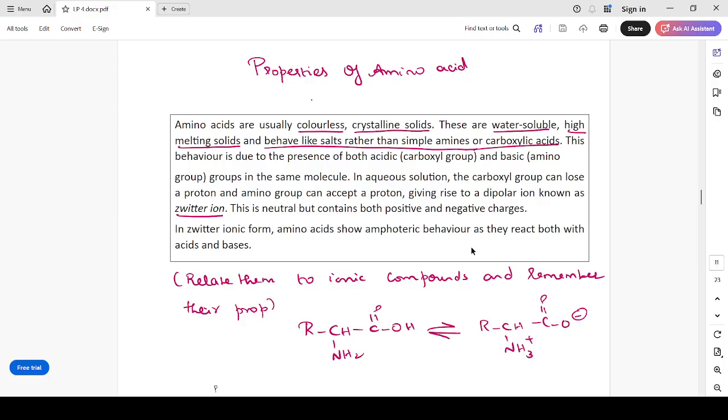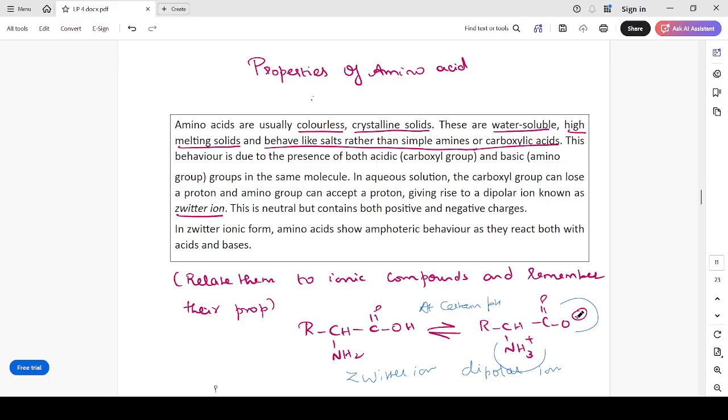Continue. We are dealing with the properties of the amino acids here. So I can understand this amino acid at certain pH will exhibit this dipolar ion effect. Such dipolar ion effect is called as Zwitter ion.